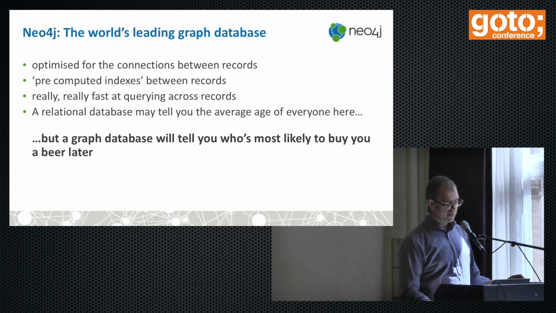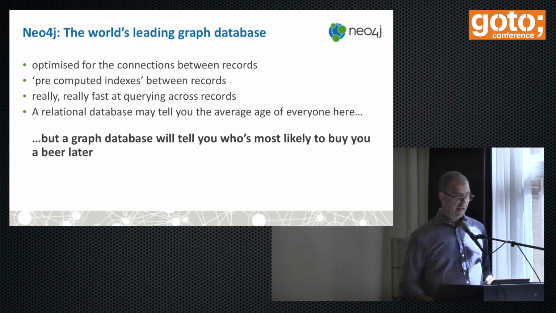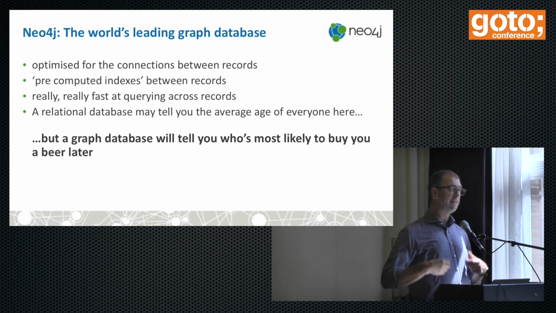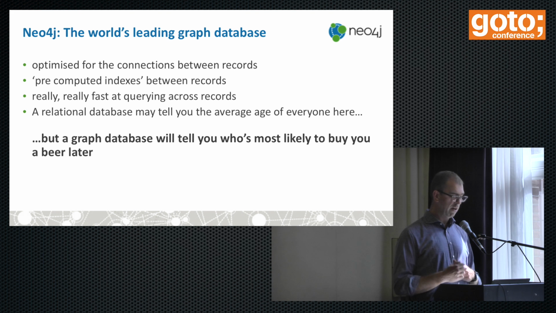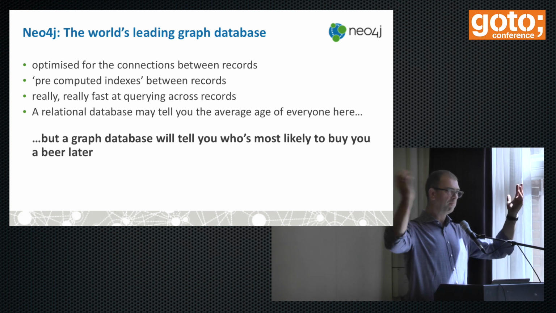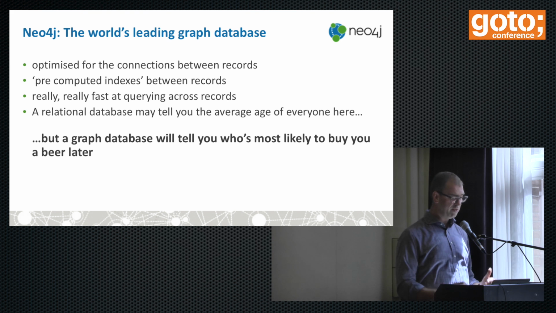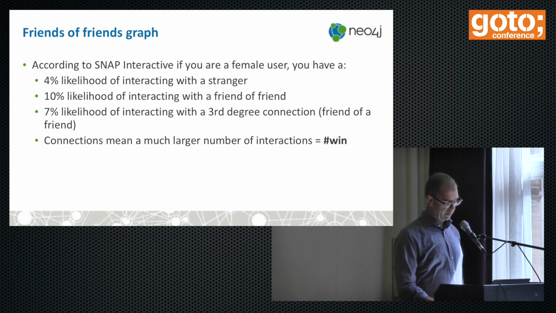That's what we're dealing with here. And so we're going to try and store and query and interact with that network in our graph database, not because we want some statistics on the population, but because we want to make some kind of a recommendation. We want to leverage that information in our dating application.